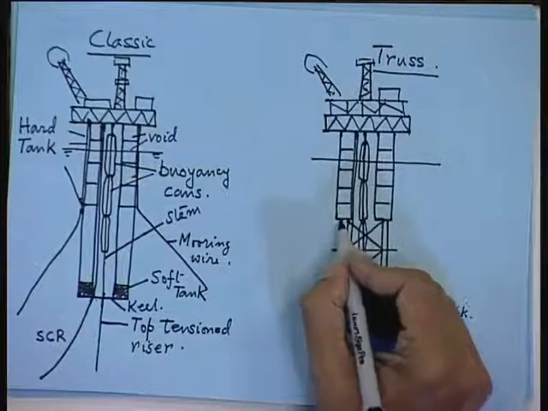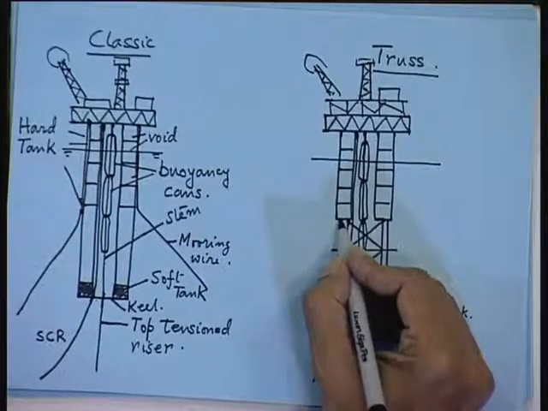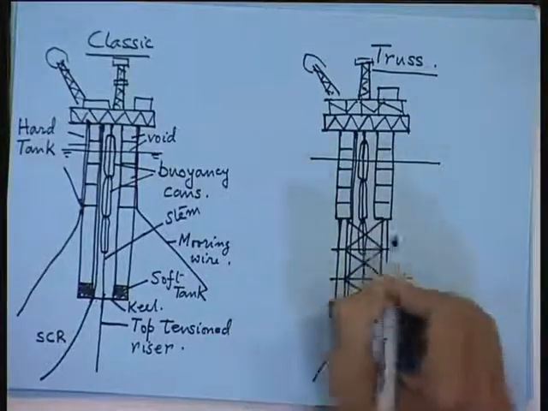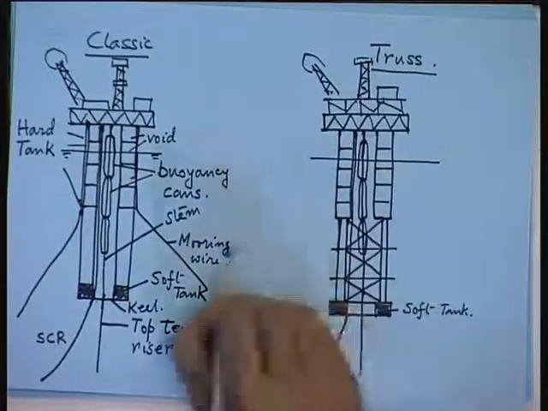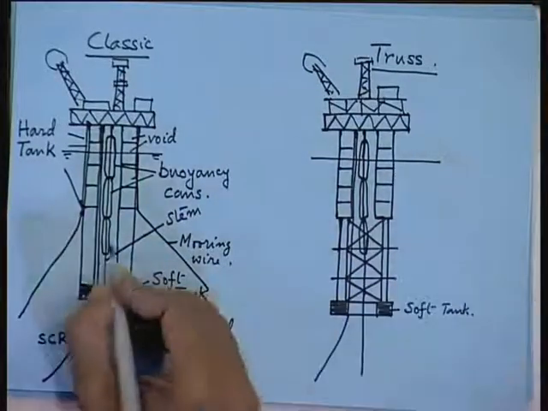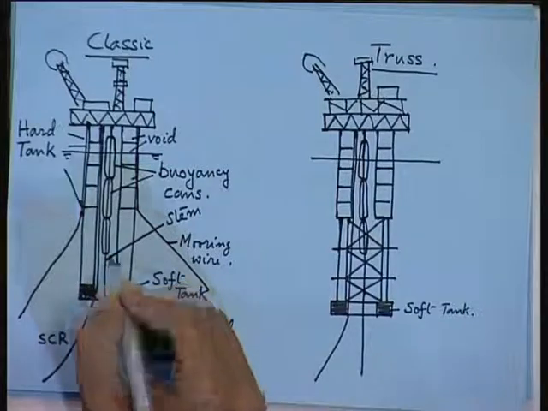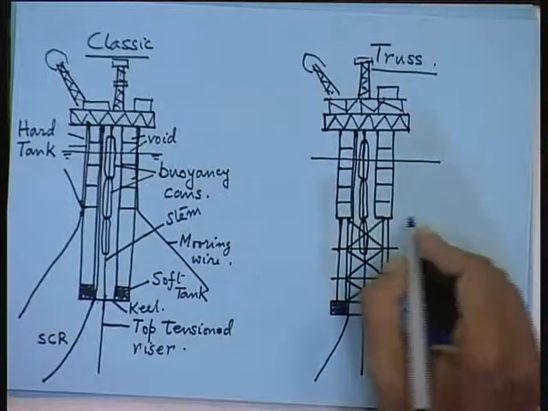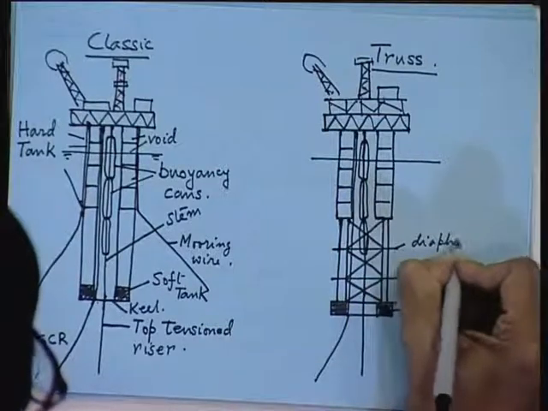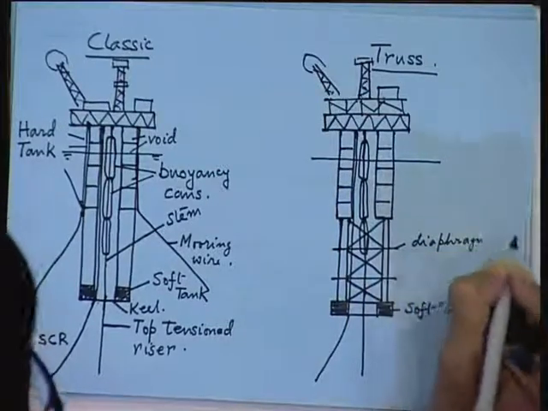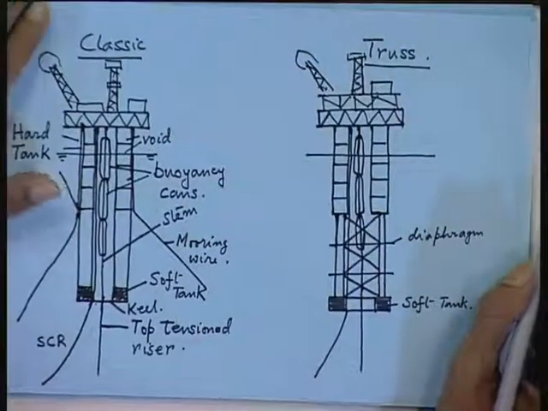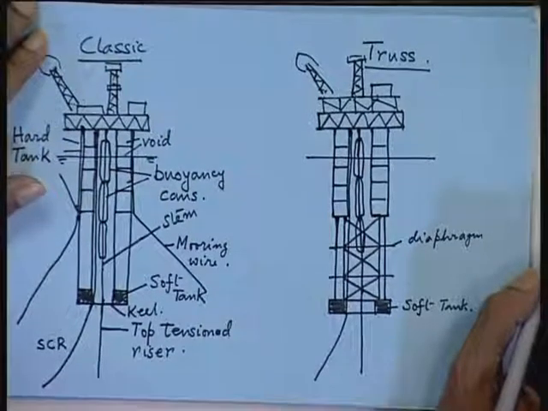Now, if you keep this portion free, the motion becomes much less because the water is able to flow, otherwise you will have entrapped water here. So, this is a diaphragm, and this actually damps your heave motion, sort of damping is given.